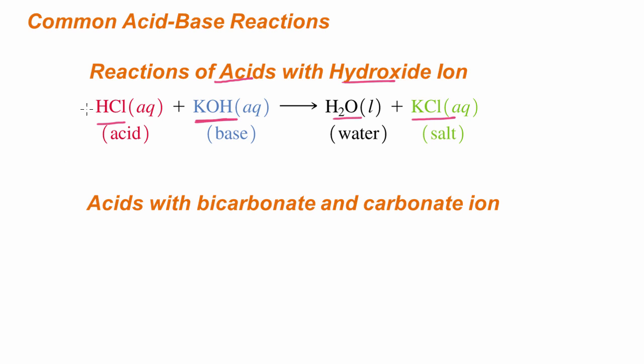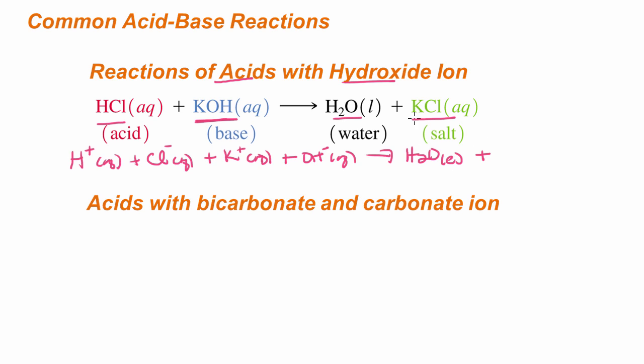So what I can do is write the net ionic equation for this. Before I write that, let me go ahead and write the ionic equation. And we know that hydrochloric acid is strong. It completely dissociates. And of course our base here, potassium hydroxide, is a strong base. It also completely dissociates. And we have water, and potassium chloride is soluble in water, so this would be dissociated as well.